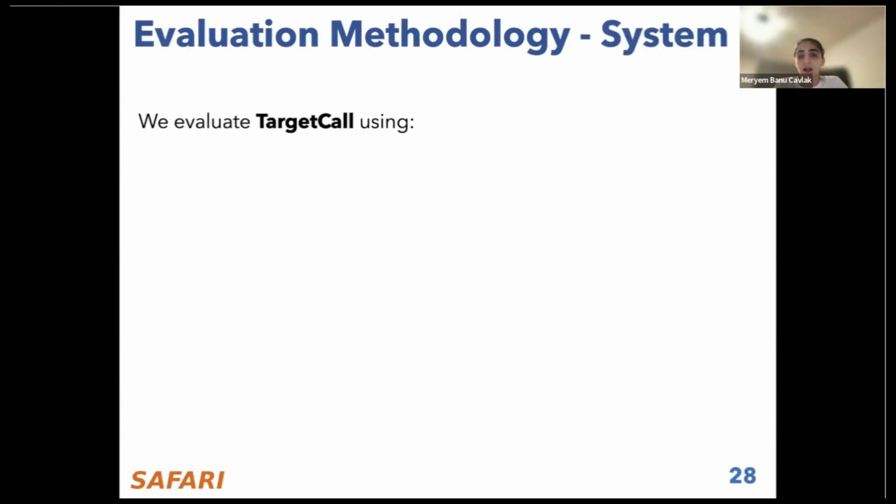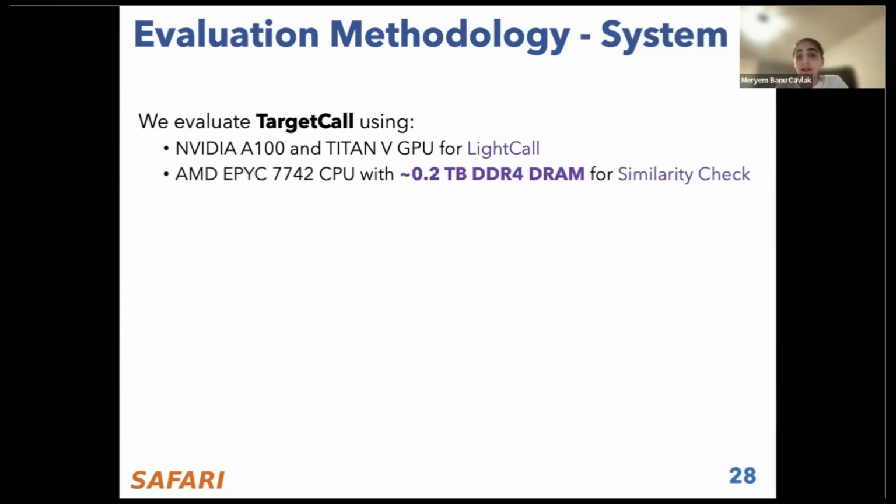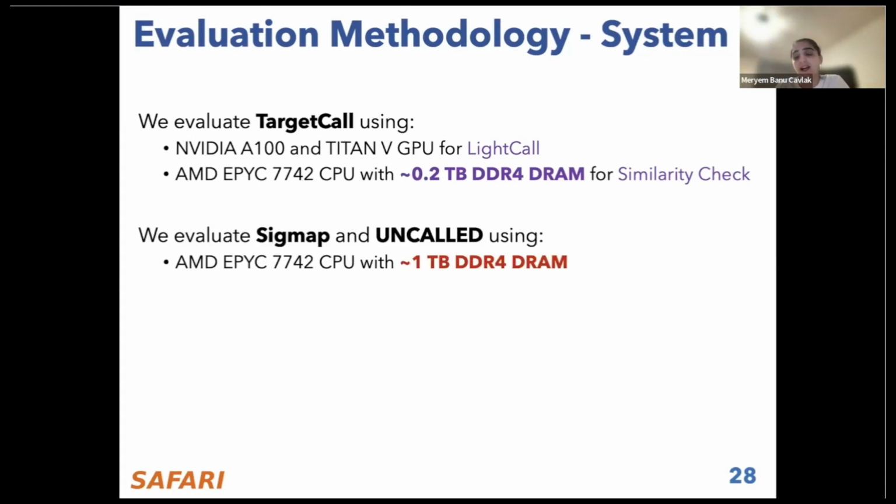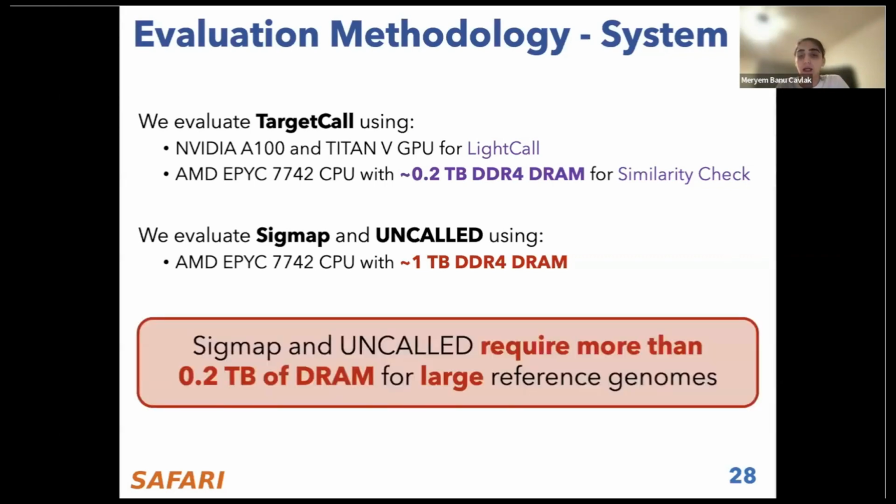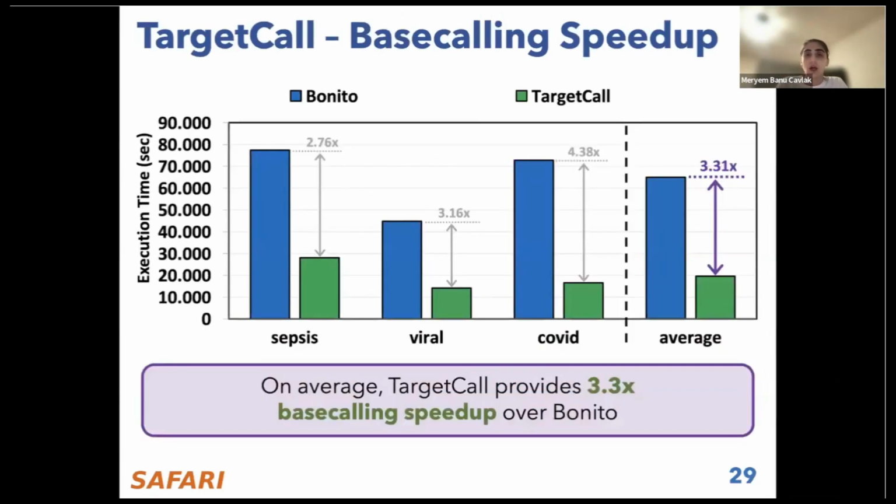To evaluate TargetCall, we use NVIDIA A100 and Titan V GPUs for the light call component, and an AMD system with 0.2 terabyte main memory for the similarity check component. But we have a slightly different system for SIGMAP and Uncalled with 1 terabyte main memory because they require more memory than we have in the first system for large reference genomes. So they actually don't scale well to the large reference genomes.